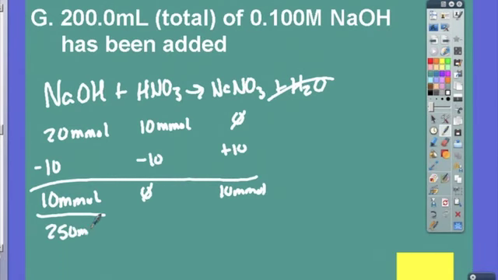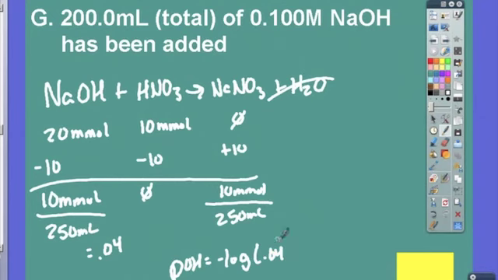Divide by total volume, which is 250. Neutral salt doesn't matter. NaOH's concentration is 0.04. So pOH is the negative log of 0.04, which is 1.398, which is basically 1.4. So my pH is 12.6.